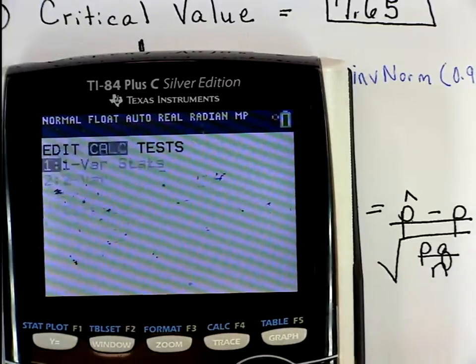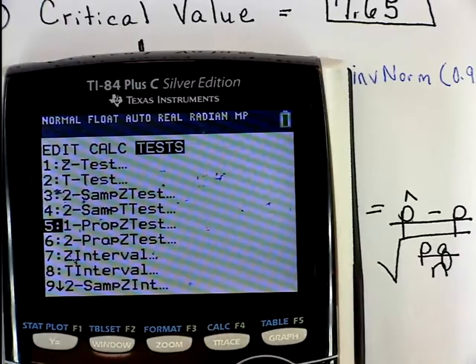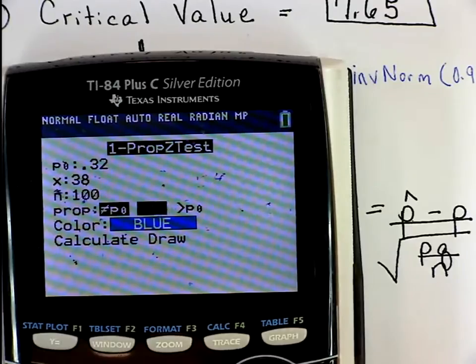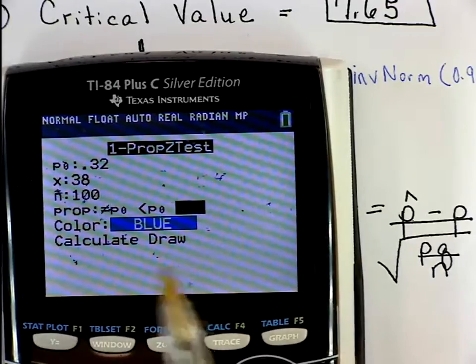Stat and test number 5 may be a little bit easier. P sub 0 is the claim of at most 32%, so put in 0.32. X: in 100 people who were in a plane crash, 38 died. So 38 died out of N, which is 100. And this test was right-tailed, so the alternative was strictly greater than 0.32.